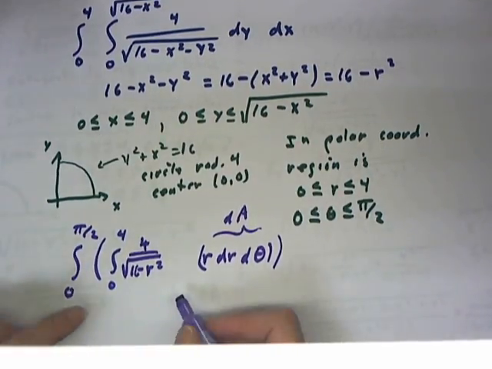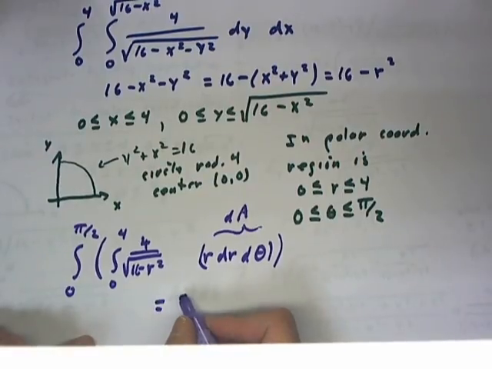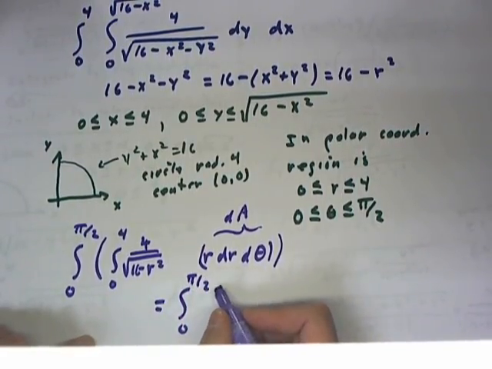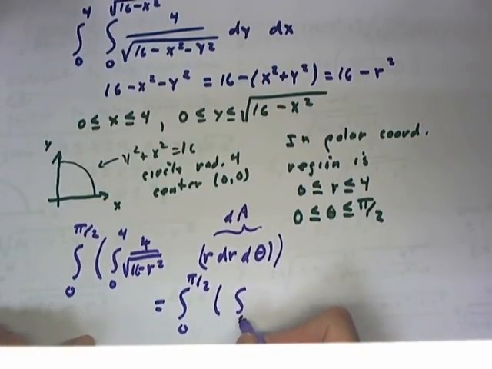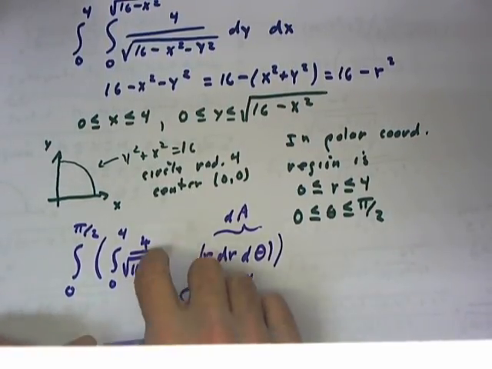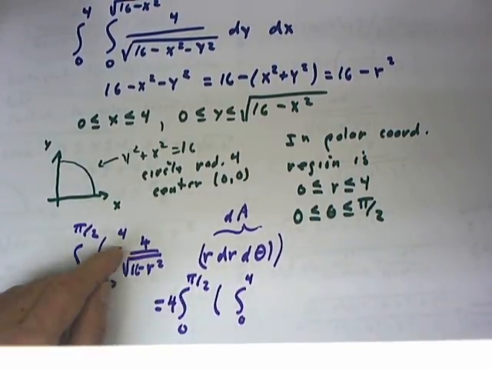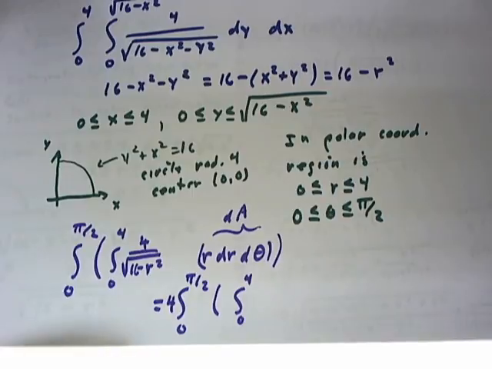So we can write this perhaps with more coherent grouping as the integral from 0 to pi over 2 of the integral from 0 to 4. And let's factor this 4 out here, that being a constant that factors out of all the integrals.